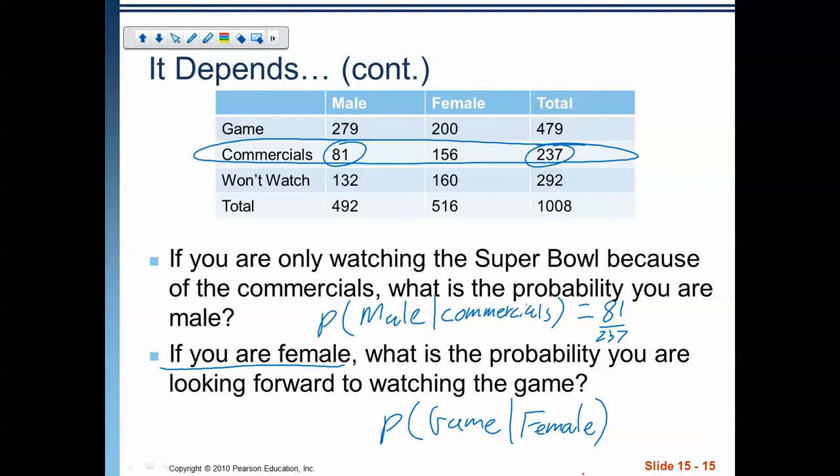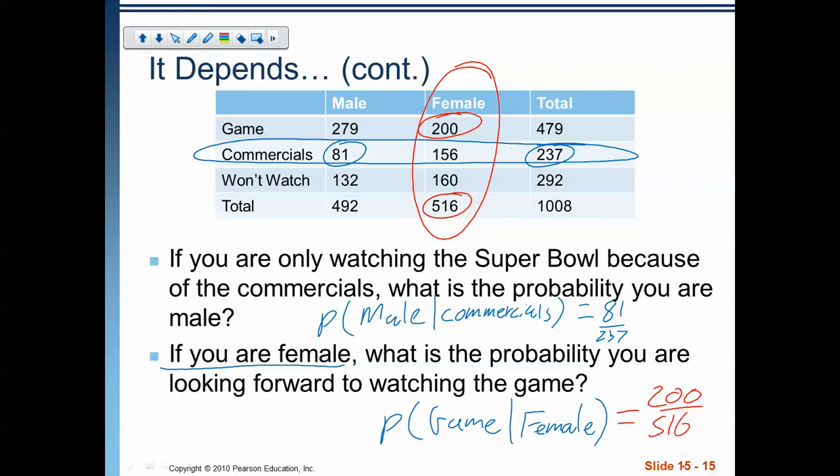The given condition is female, so we're only looking at that column. What's the probability that you're a female who's looking forward to the game? Those are the ones looking forward to the game. Those are all the females. So that's 200 over 516. And we could find out the decimal for that, but I don't feel like it.